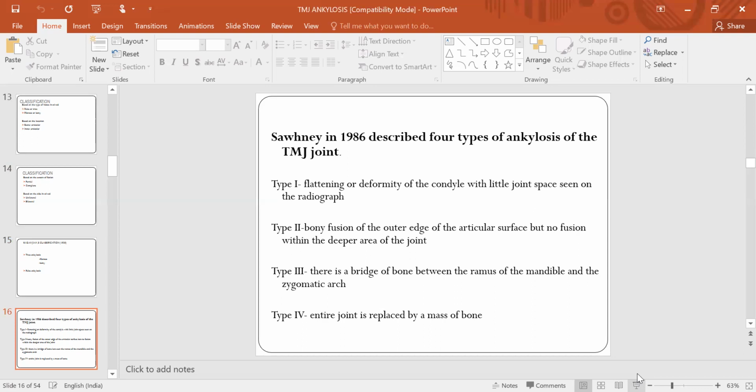In type 2, bony fusion of the outer edges of the articular surface, but no fusion within the deeper areas of the joint. In type 3, there is a bridge of bone between the ramus of the mandible and the zygomatic arch. And in type 4, the entire joint is replaced by a mass of bone. These inferences are got from the OPG.